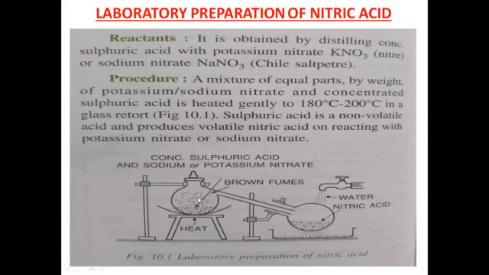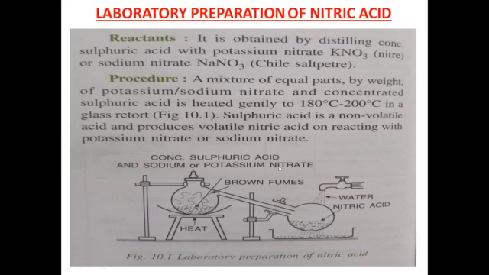You can see here, this is a glass retort, and in this glass retort we are putting the mixture of sodium or potassium nitrate and concentrated sulfuric acid in equal weight, equal parts. If you are taking 50 ml of a solution of sodium nitrate or potassium nitrate, then we have to take 50 ml of concentrated sulfuric acid also.